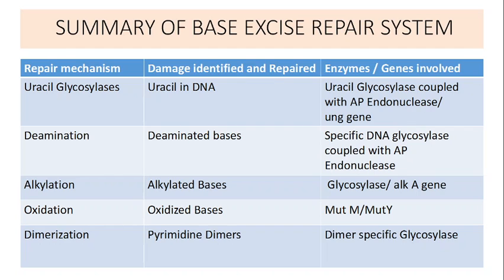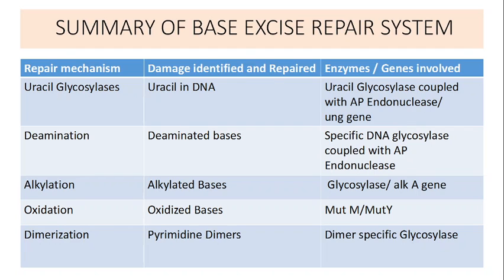So here, in MUT-M and MUT-Y oxidative damage repair, these MUT-M and MUT-Y are N-glycosylases, that is, glycosylase enzymes. MUT-M targets the oxidized base 7,8-dihydro-8-oxoguanine, that is 8-oxoguanine, which arises as a result of exposure to reactive oxygen species.